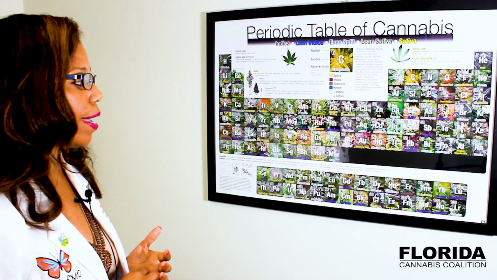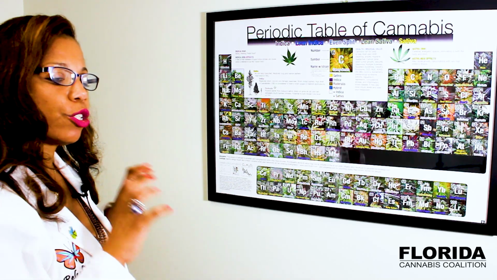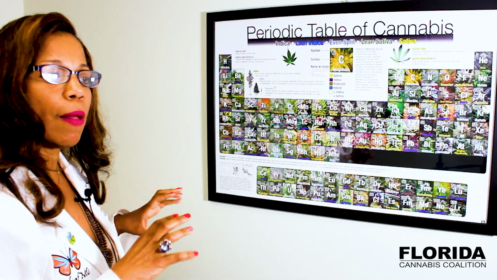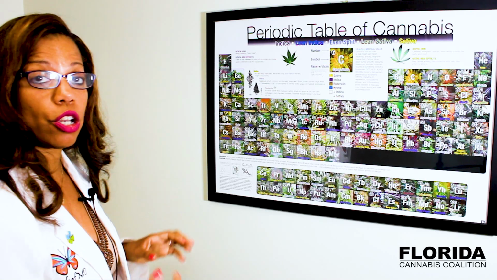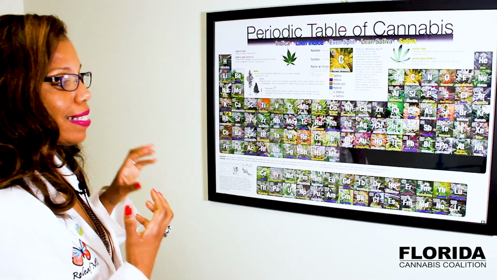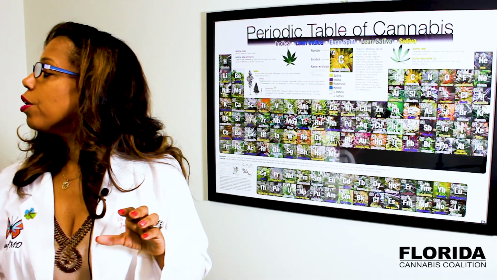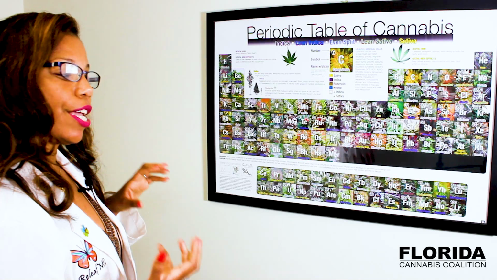And what I mean by that is sativas and indicas all have terpenes. They all have a particular terpene profile that is particular to that strain. So you may have a sativa that may have more limonene in it, that may have more myrcene in it, which gives it its characteristics.